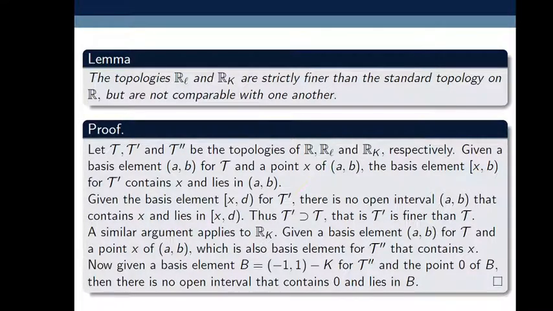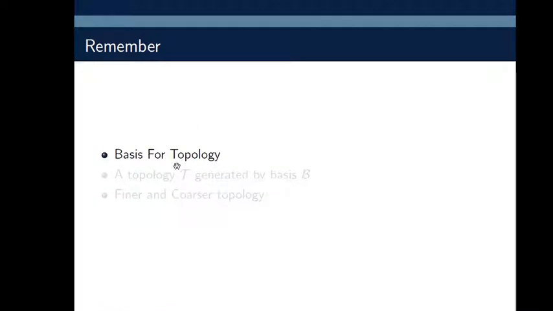Before that, remember what we used to prove this lemma: the concept of basis for a topology. What is meant by a basis for a topology? There are two conditions you have to satisfy. Also, a topology tau generated by basis script B. What happens when the topology tau on X is generated by script B?